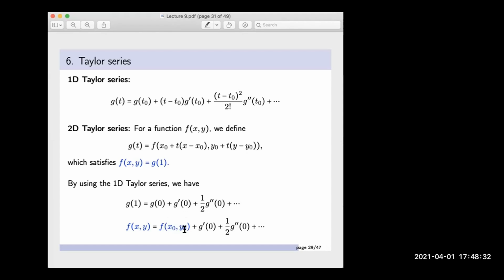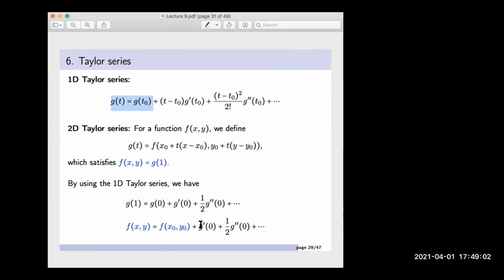If you compare this blue part with the Taylor series here for function of single variable, you see that on the left side you have a function value, on the right side you have a function value at a given variable t0. Here you get x0, y0. So these two parts are very similar to the Taylor series here.